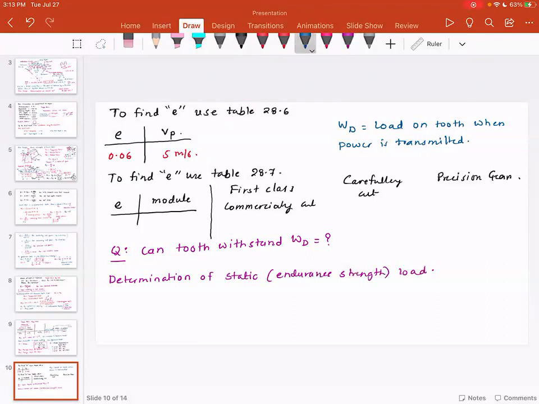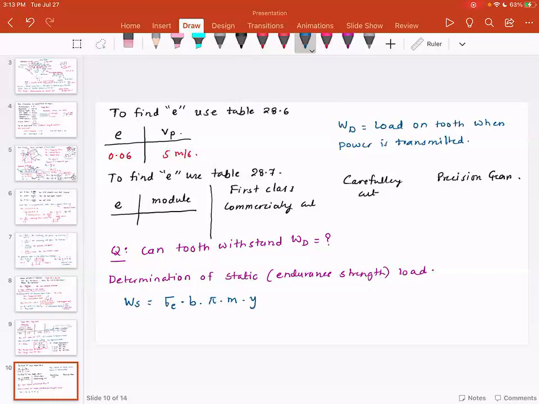So this equation is given as Ws is equal to sigma E times B times pi times M times Y. And you have seen this equation before.